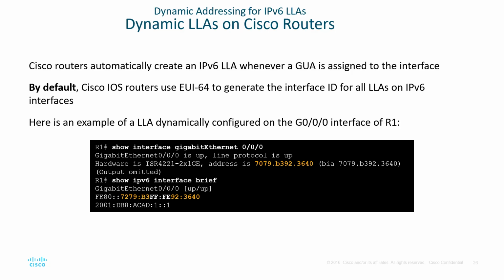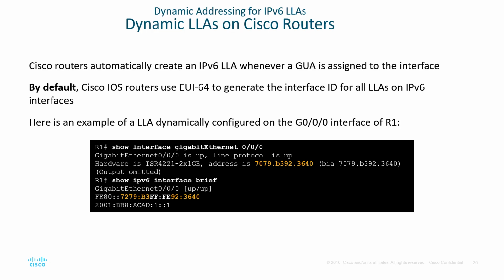Now, Cisco routers automatically create an IPv6 LLA whenever a GUA is assigned to the interface. By default, Cisco routers will use that EUI-64 process for the interface ID on all the LLAs on IPv6 interfaces. So here is an example. Okay?